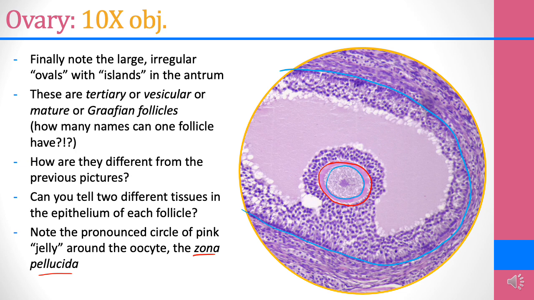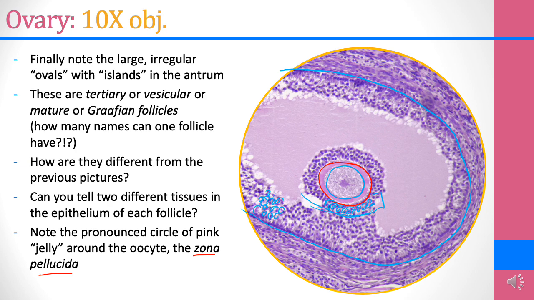Okay, it's now a fully developed zona pellucida. Can you tell two different tissues in this? Hopefully what you'll notice is the kind of endocrine jumble of granulosa cells here compared to the very ordered cells here right around the oocyte, and there's kind of a boundary between those two tissues there.